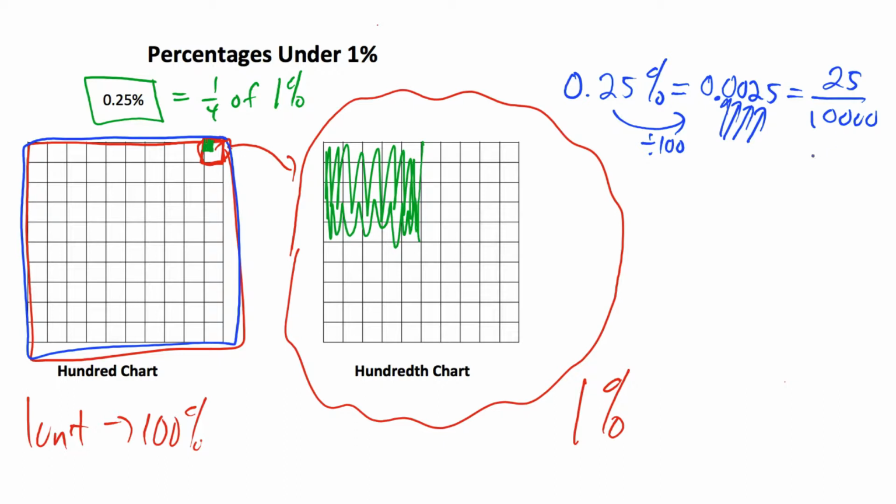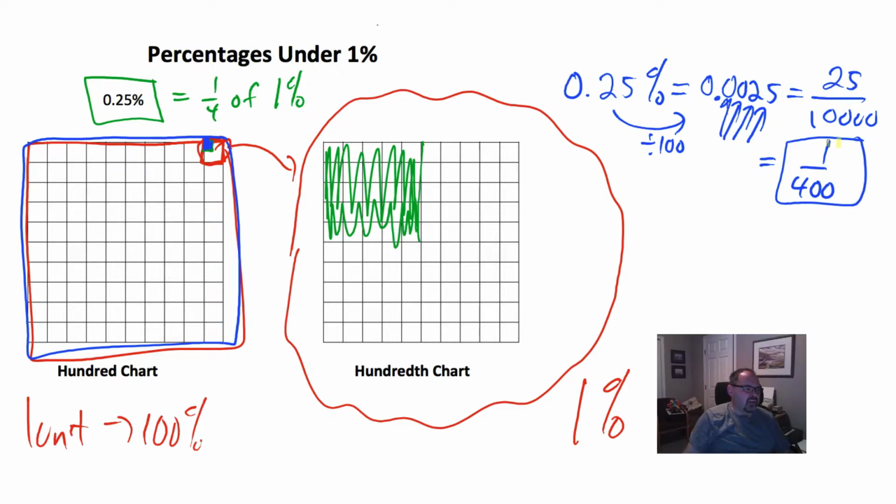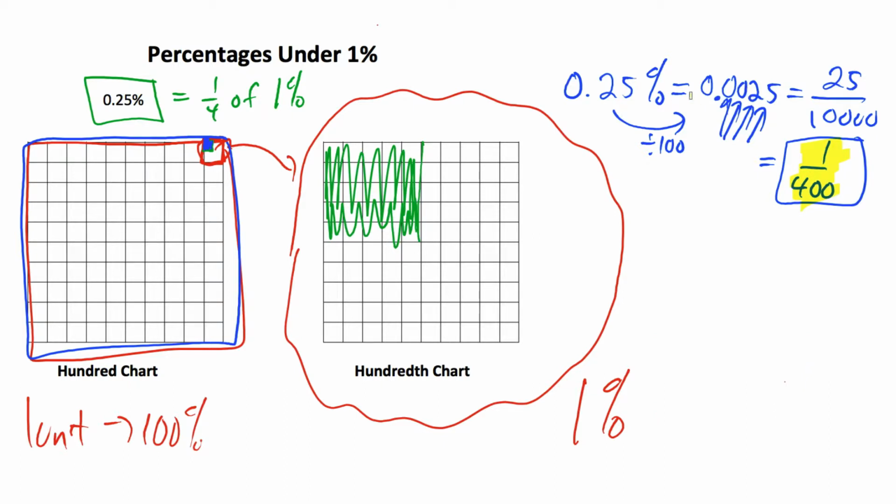And if I reduce 25 over 10,000, I will get 1 out of 400. So 1 out of 400 is what I have shaded on my hundredths chart on the left. In other words, 1 out of 400 in fraction form is equivalent to 0.0025 in decimal form, is equivalent to 0.25 in percentage form.